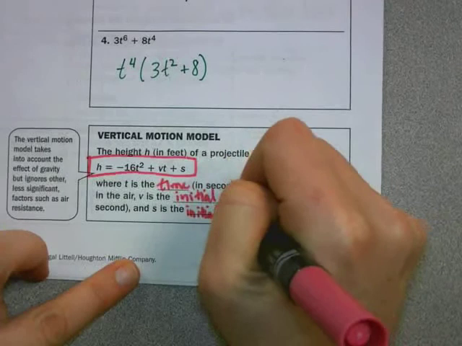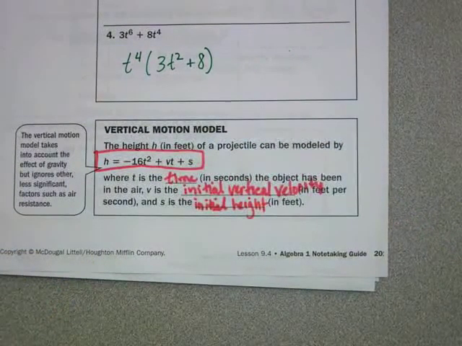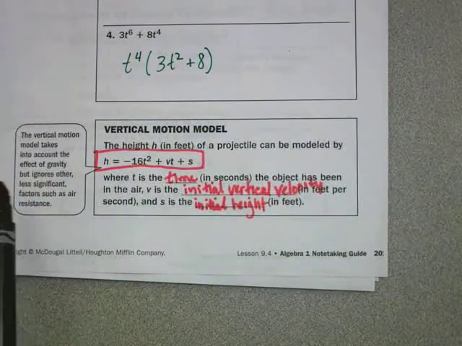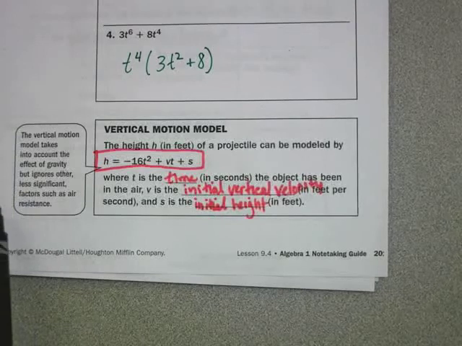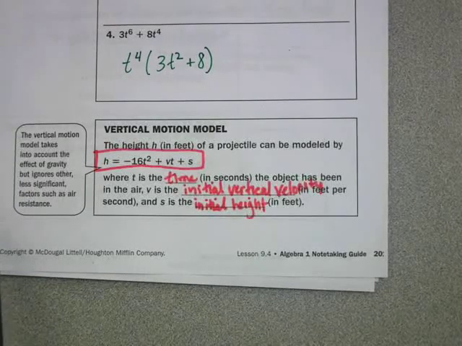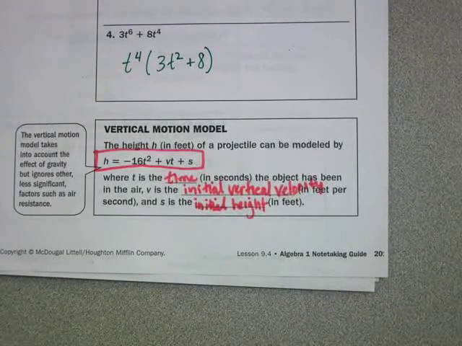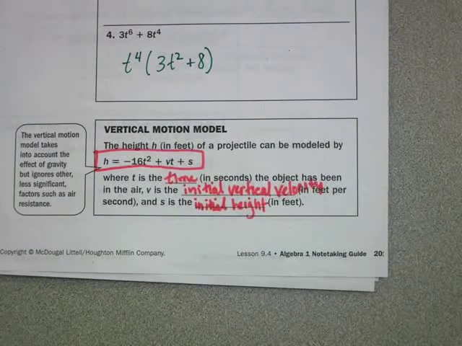It doesn't stand for seconds or anything else. It's the initial height, okay? The vertical motion model takes into account the effect of gravity, but ignores other less significant factors such as air resistance. So we're going to use the vertical motion model here to solve the next equation.